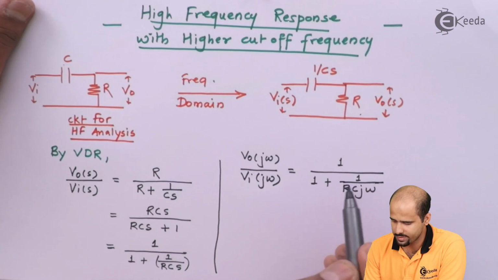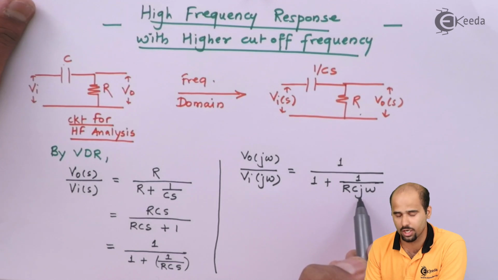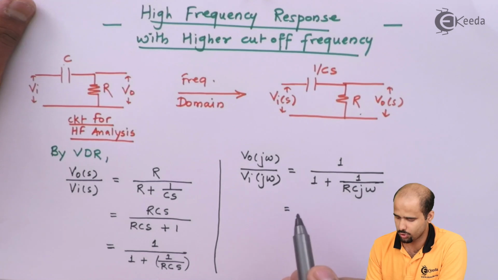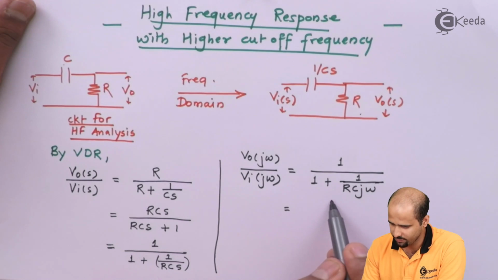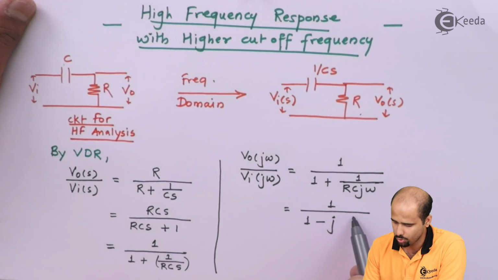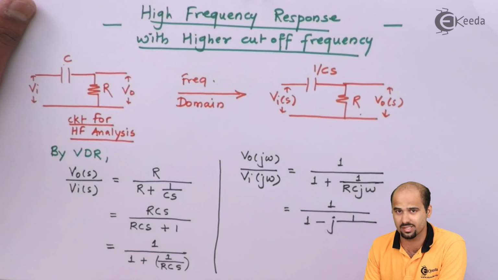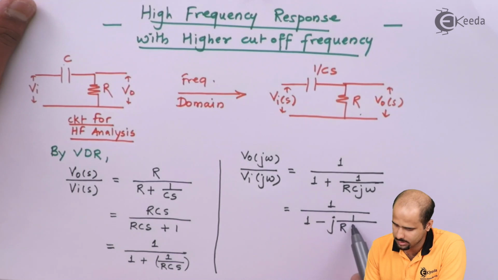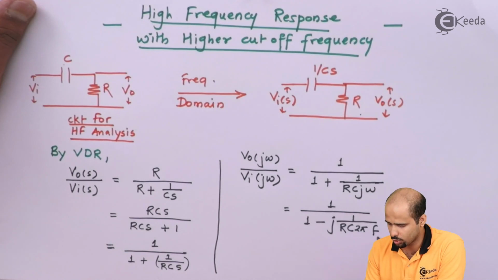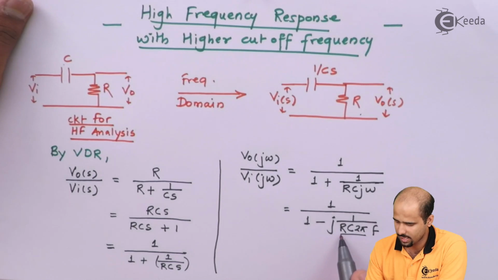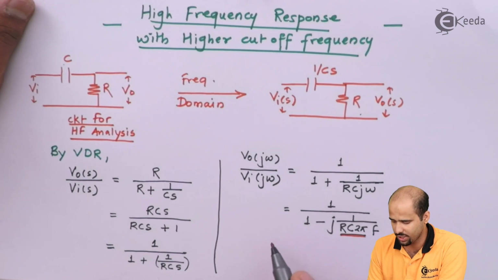Whatever j we have at the denominator, we place it in the numerator, so it becomes minus j. So we have 1 minus j into 1 upon RC 2 pi into f, replacing omega by 2 pi f again. Now I will not write this as RC into 2 pi only; I will change this.